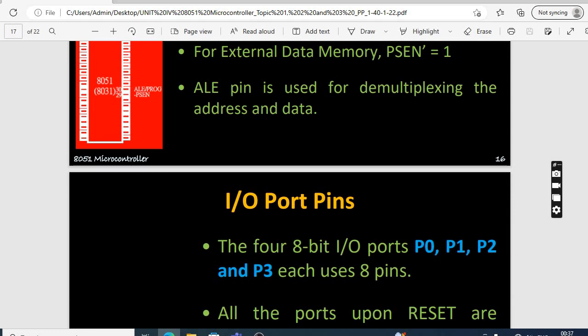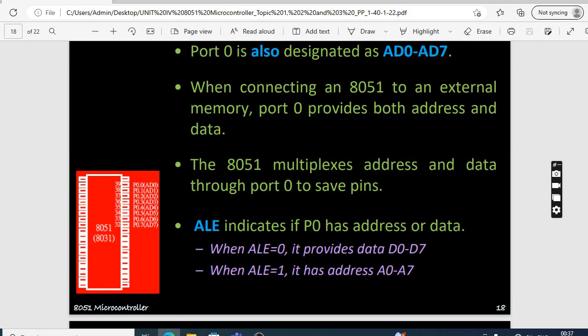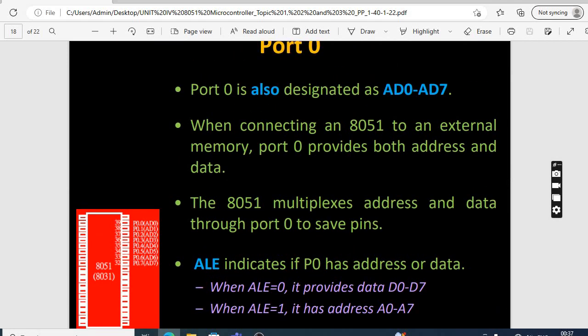IO ports. There are 4 ports available, as we clearly mentioned. Port 0 is the main one. When the ALE pin is 0, it provides the data lines D0 to D7, and when the ALE pin is 1, it provides the address lines A0 to A7. Apart from that, it is also designed to work as an IO port.